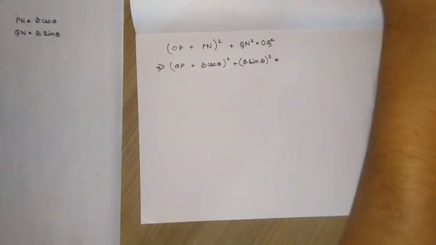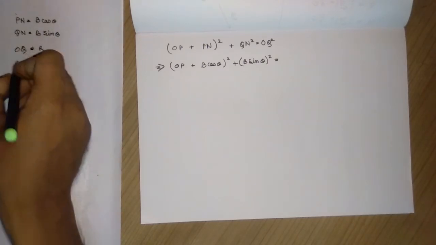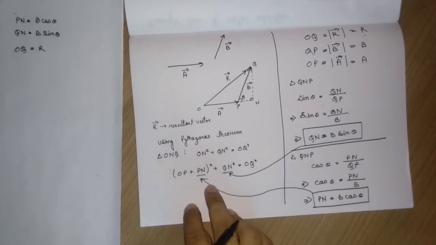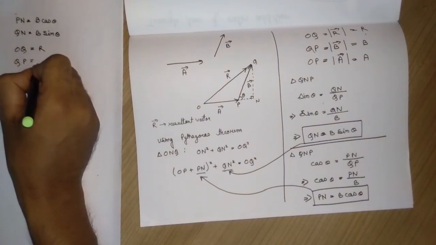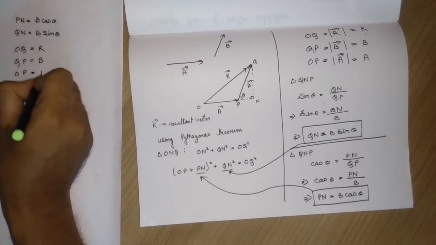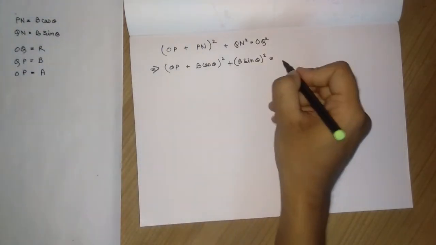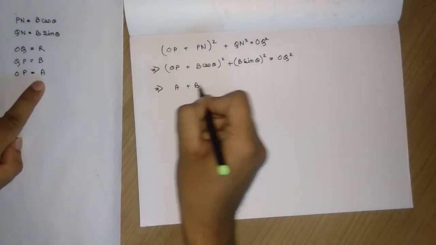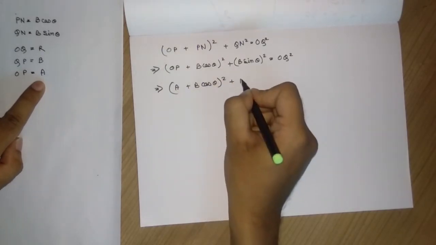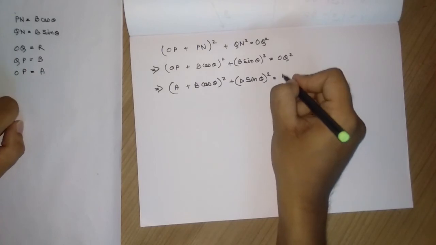And what was OQ? OQ is R, QP is B, and OP is A. So substituting these values, we get (A plus B cos theta) whole square plus (B sin theta) whole square, which equals R square.